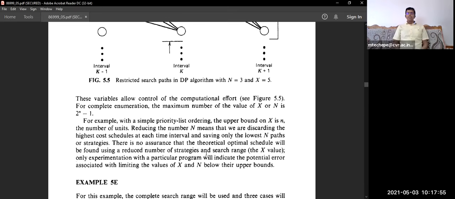Now you have to commit. From those 5 generating units, you have to commit only 3 generating units so that you can serve the load or demand. So optimal 3 generating units you have to choose.